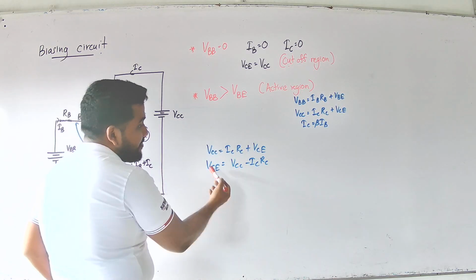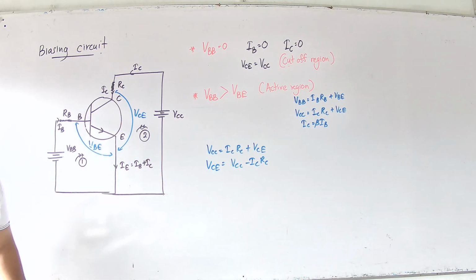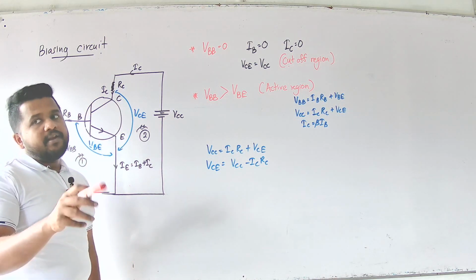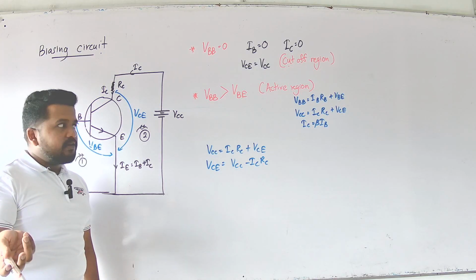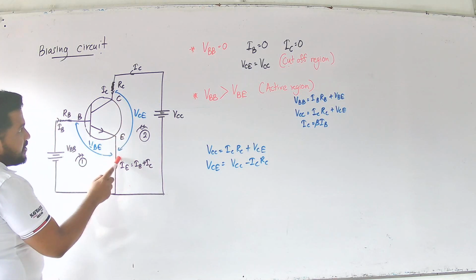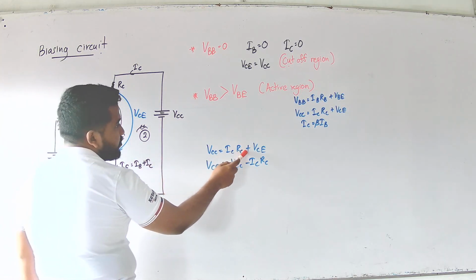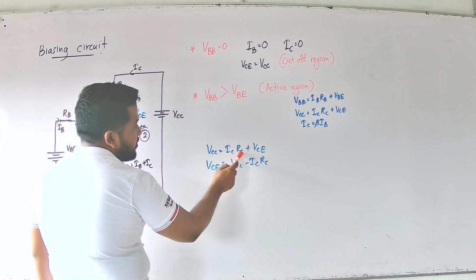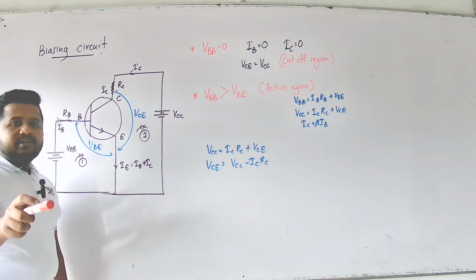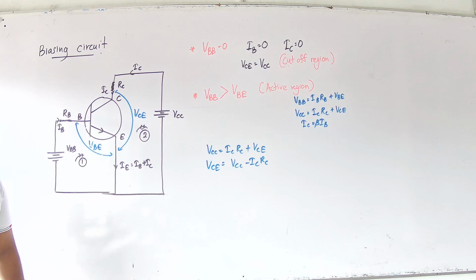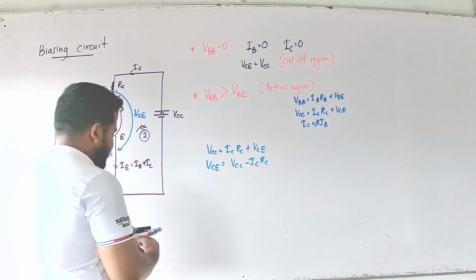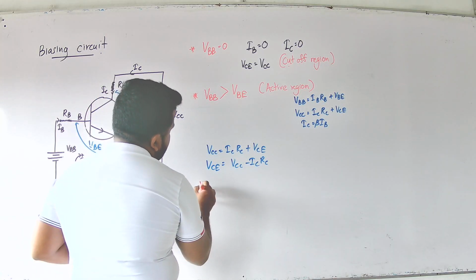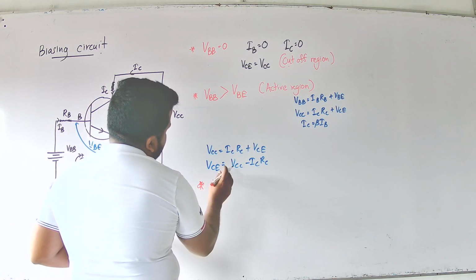When VCE decreases further, it can only go to the value 0. When VCE equals 0, IC equals VCC over RC, the maximum. So that is the saturation region, right? This is the saturation region when we increase VBB further.